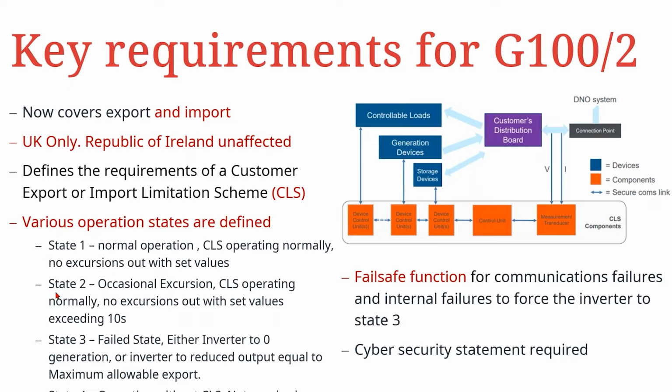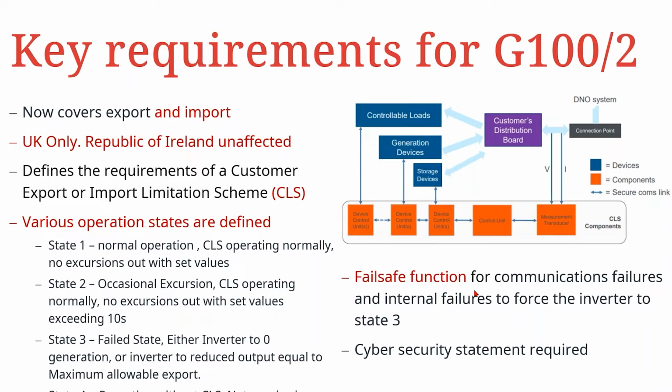And we're not in state two for more than 10 seconds. We then go to state three, which is a failed state where we're above the threshold for more than 10 seconds. And we're expected then to enter into a fail-safe mode. So we talked about fail-safe earlier. This could be, for example, if somebody's cut the cable to the meter or disconnected the meter, the inverter knows there's a problem, reduces the output and avoids exporting excessive energy back to the grid.